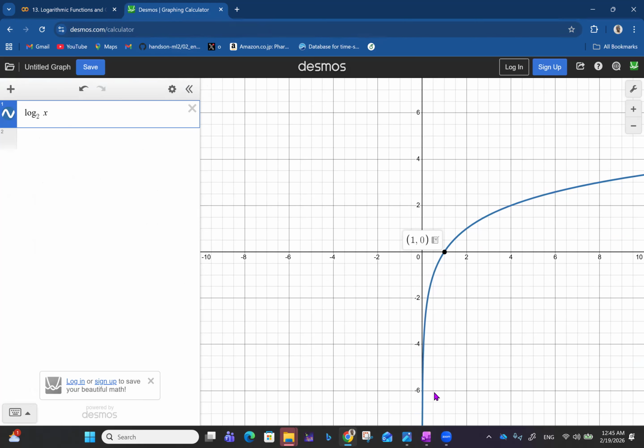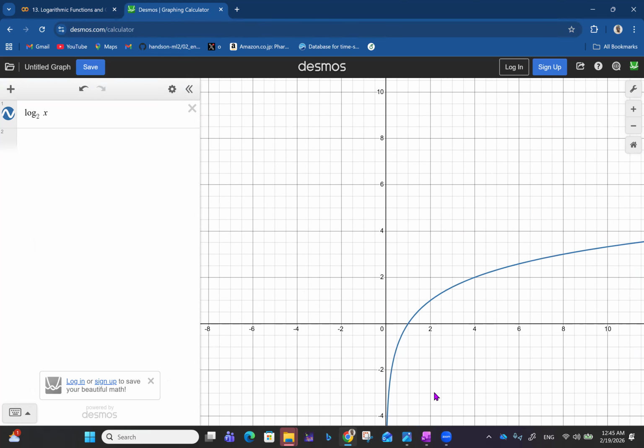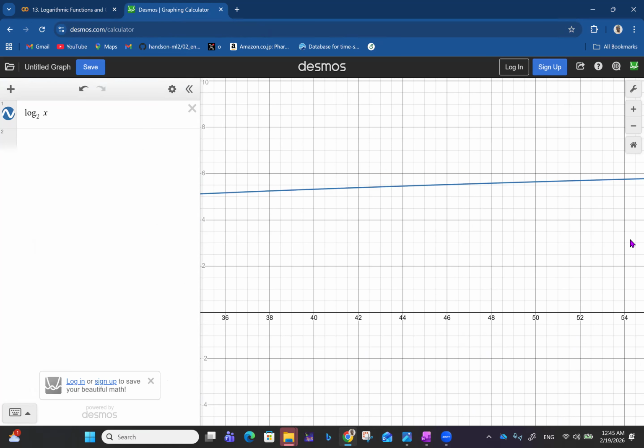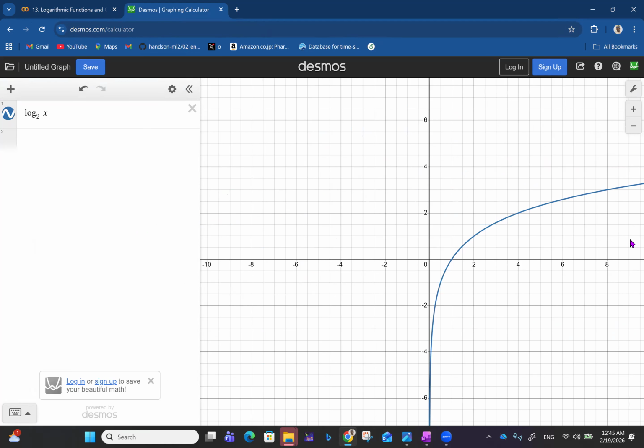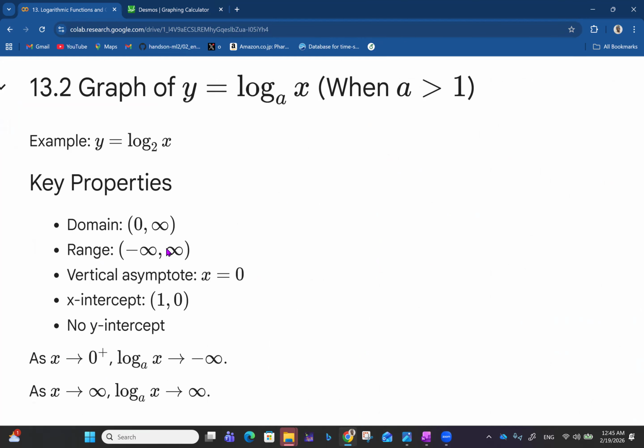You see this line doesn't cross to the negative side. That's why it is from 0 to, and then you see it keeps going endlessly on the positive infinity side. So the possible values of x is from 0 to infinity, but the range itself is from minus infinity to infinity. So the possible values of y is from minus infinity to infinity.